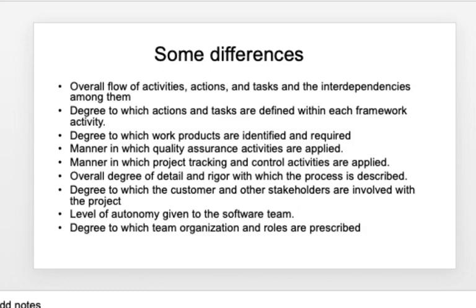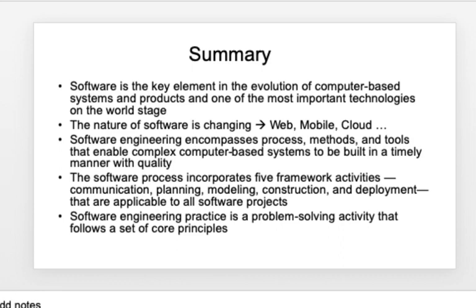For example, the overall flow of activities, actions and tasks, the interdependencies, the degree to which the work products are identified, the overall degree of detail and rigor, the level of autonomy, the degree to which team organization and roles are prescribed, and so on could be some typical differences among different software products.